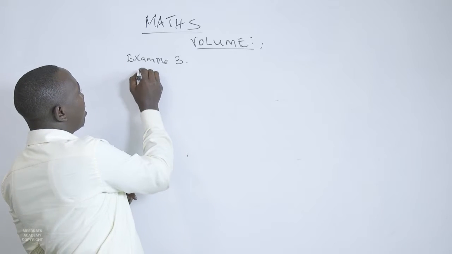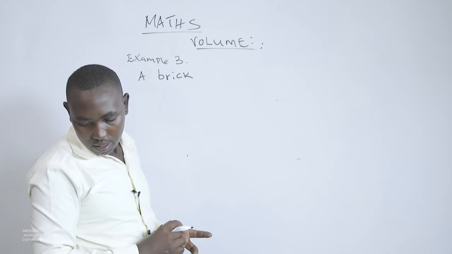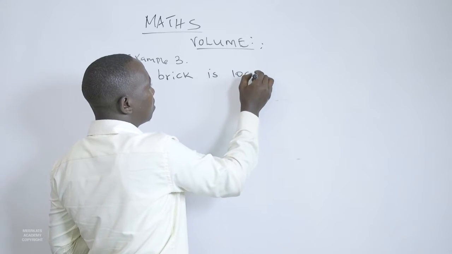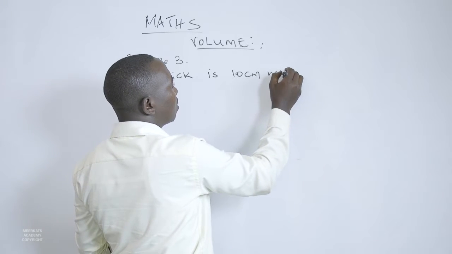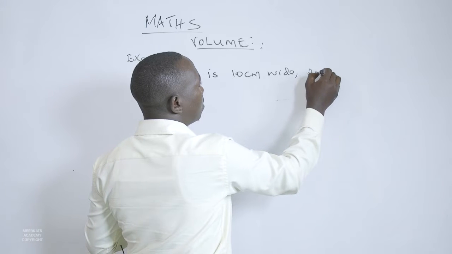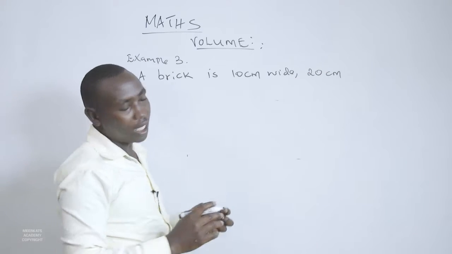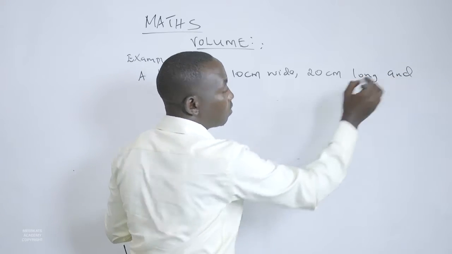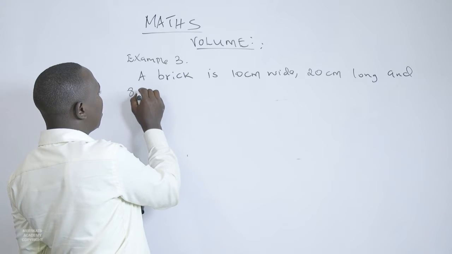Example 3. A brick is 10 centimeters wide, 20 centimeters long, and 8 centimeters high.